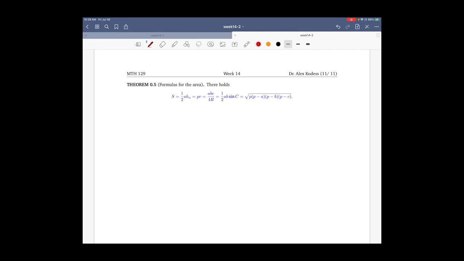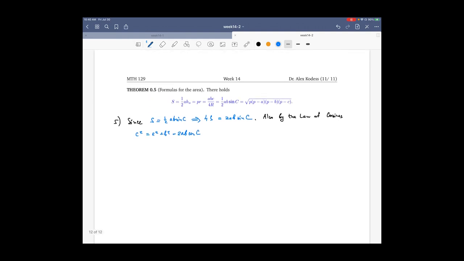So we already know that S equals 1/2 ab sine C. And so if I multiply this by 4, I get 4S equals 2ab sine C. And also by the law of cosines, I have c squared equals a squared plus b squared minus 2ab cosine C. The picture won't hurt.